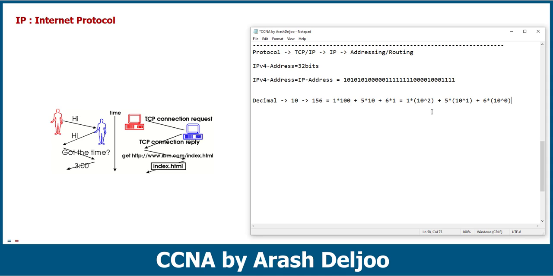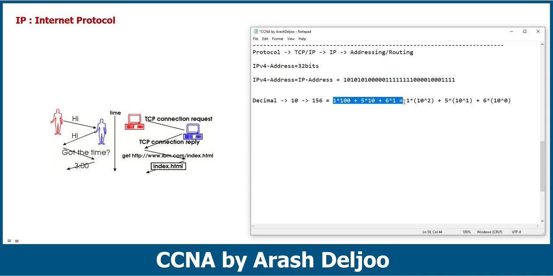As you can see here, we have the value 156. We are using it in the real world. For example, you can say $156, and this means you are talking about 1 multiplied by 100, 5 multiplied by 10, and 6 multiplied by 1.